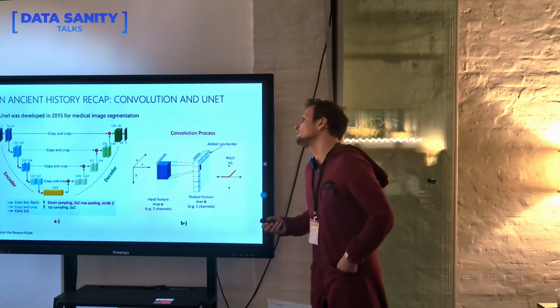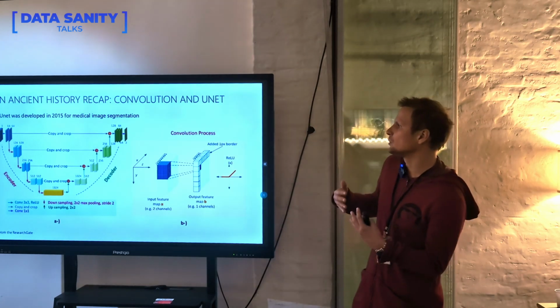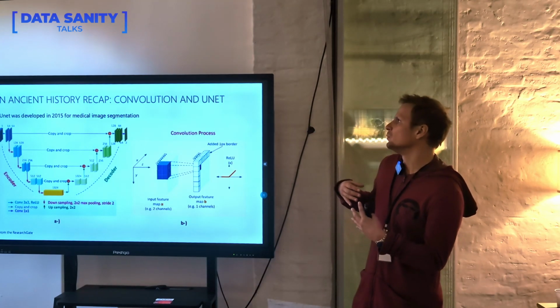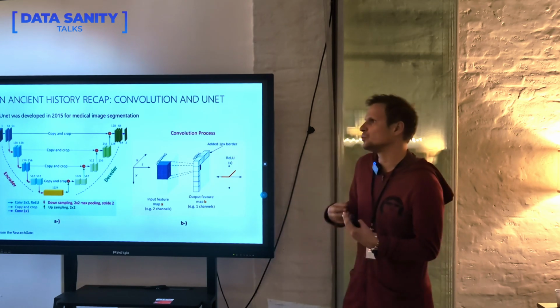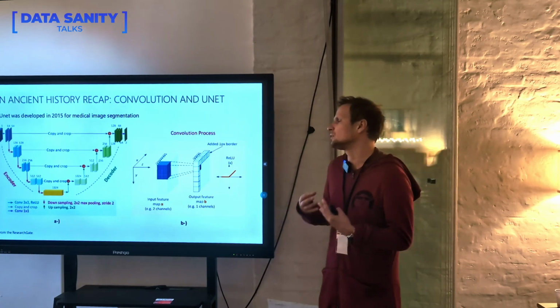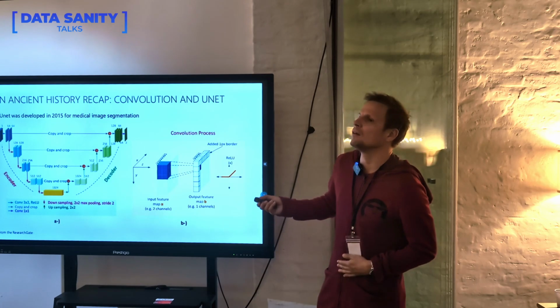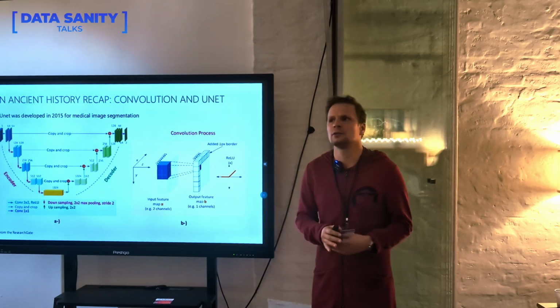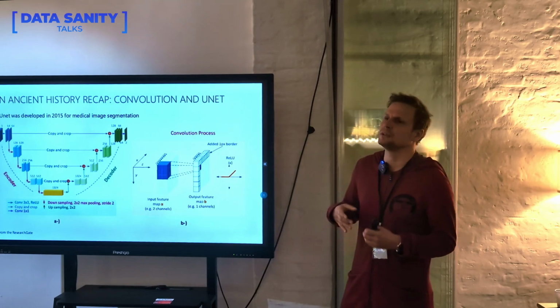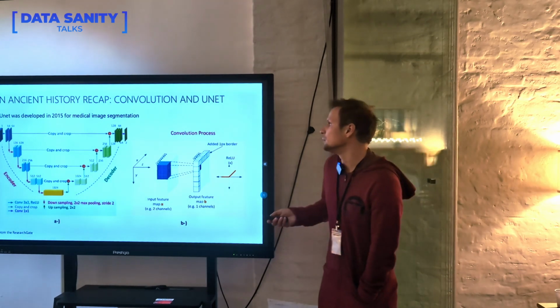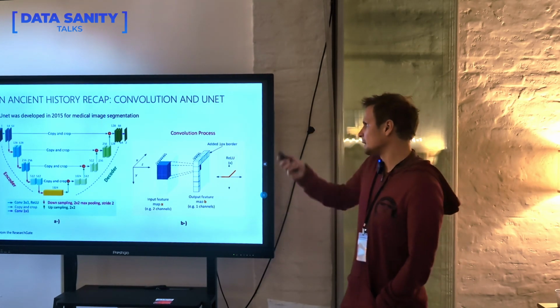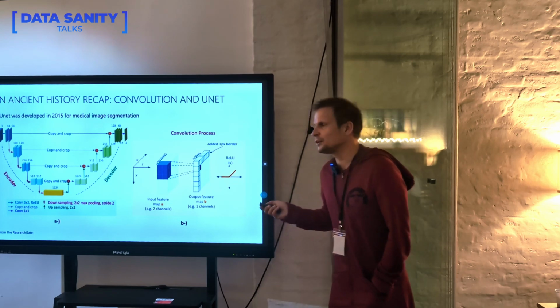Why is it so important? Because with this connection we can do denoising, but also image segmentation, to find very important things in images on a low level. Originally, UNet was developed for medical image segmentation, to find important parts of the images. So that's the first part of the technology that we're using.